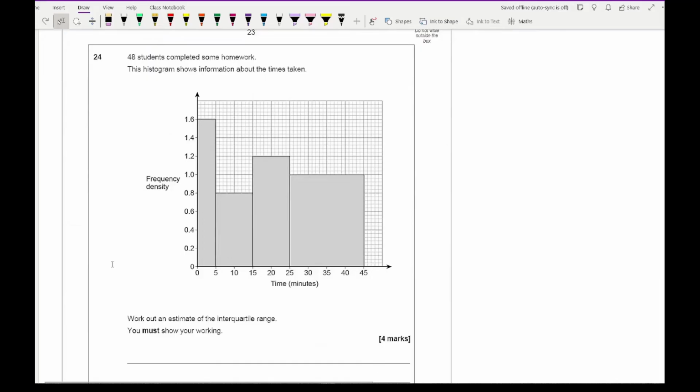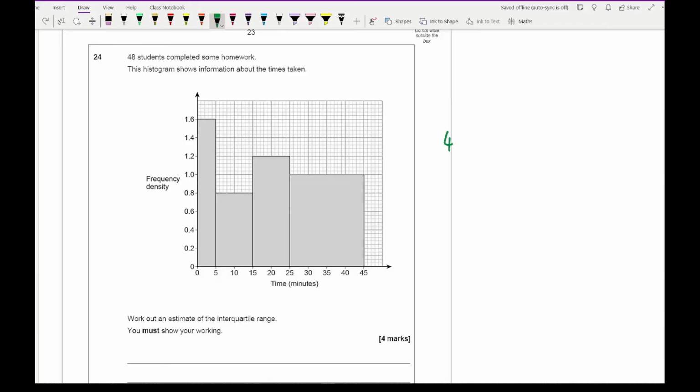Moving on to question 24. So it says 48 students completed some homework. The histogram shows information about the times taken. Work out the estimate of the interquartile range. Now for this, what we need to work out is whereabouts our interquartile range actually lies. First of all, we work out how many there are in each one.